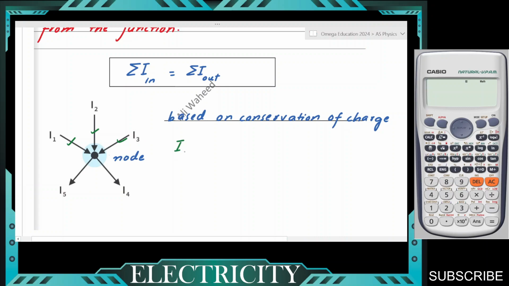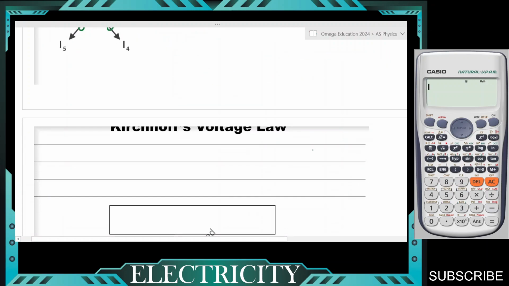So the sum of currents entering the junction should equal the sum of currents leaving the junction. Now, what are the currents leaving the junction? I4 and I5. So far so good. The problematic part is when you have to apply these laws in complex circuits. But if you follow the basics, everything else would be trivial.